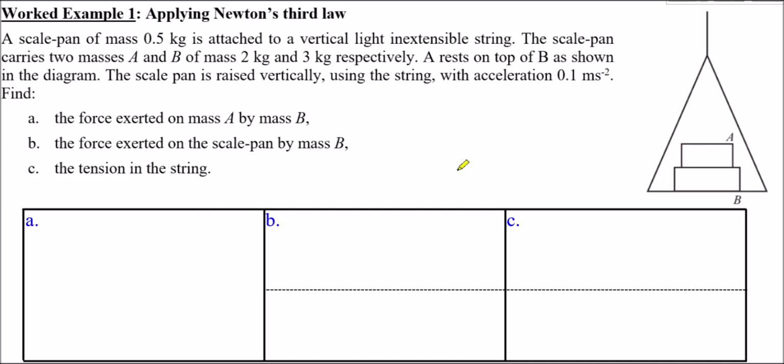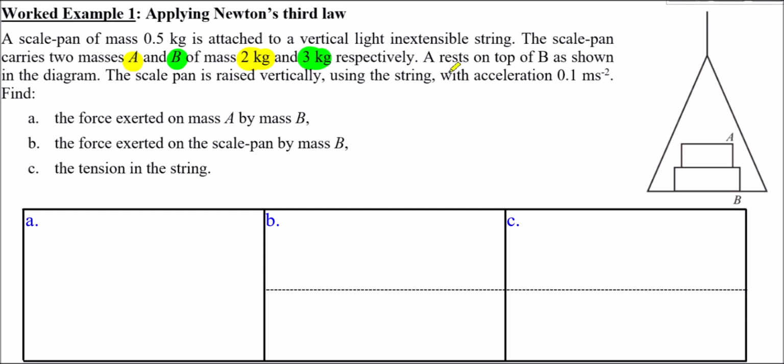So the scale pan itself, this rectangle, has a mass of 0.5 kilograms, and it's attached to a vertical, light, inextensible string here. The scale pan carries two masses, A and B, of mass 2 and 3 kilograms respectively. So I'll just color code that. So A is 2 kilograms, and B is 3 kilograms.